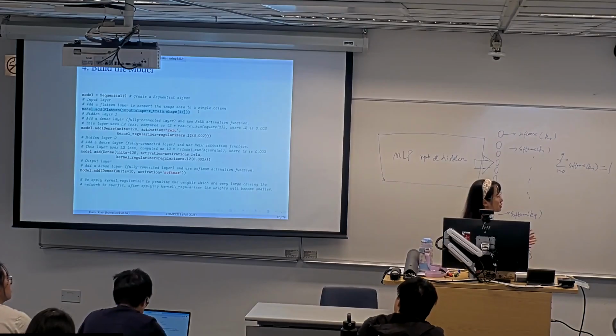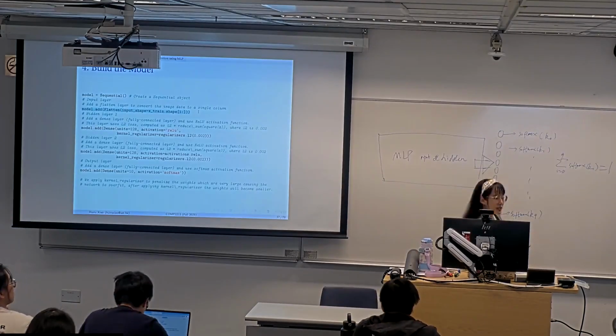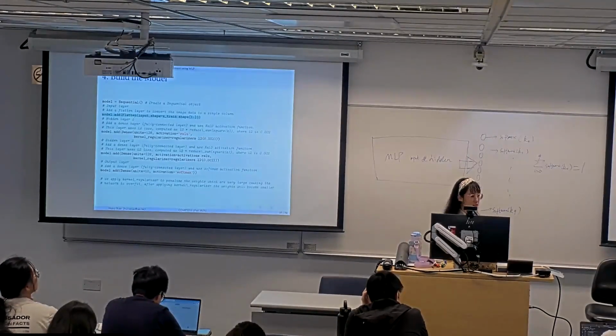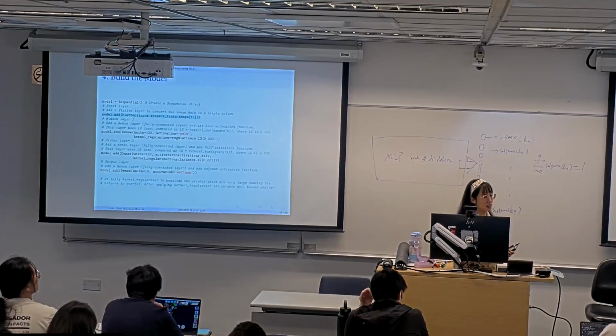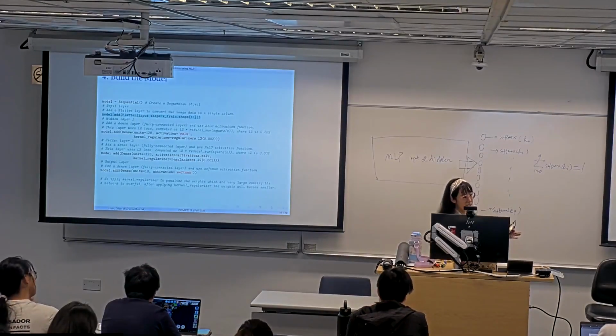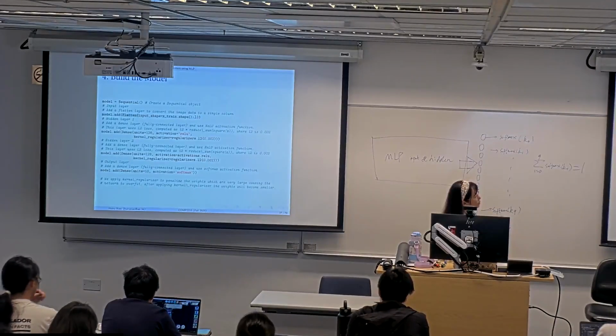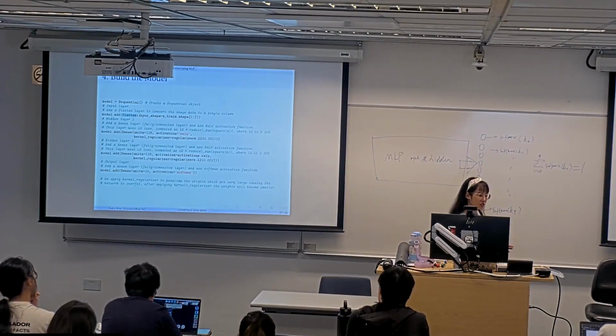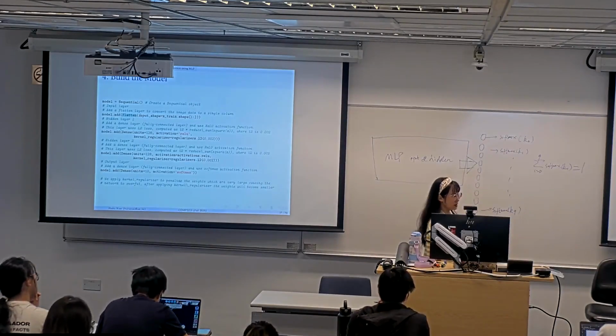Then I need to flatten the 28 by 28 into a 1D array, that is 784. So after this, it knows that the input layer is 784. All right, this is done. As you can see, as long as you know the name of the layer you want to add and the arguments, basically you just copy it.